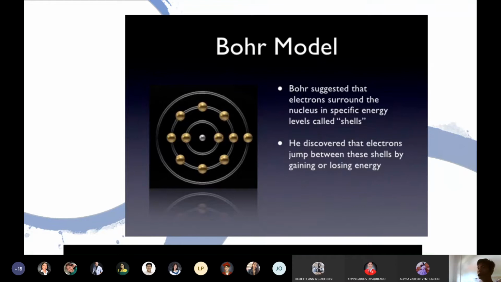You might be familiar with this because ginagawa nyo to noong junior high school. Pero hindi na natin babalikan yan, medyo masalimuot eh. For every energy level, there's an electron that you can find here, and they can be excited. As they get excited, they produce light.